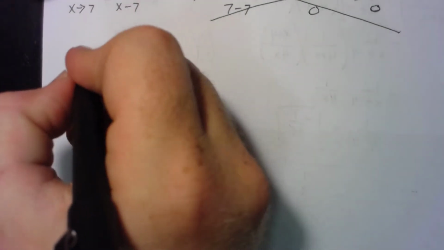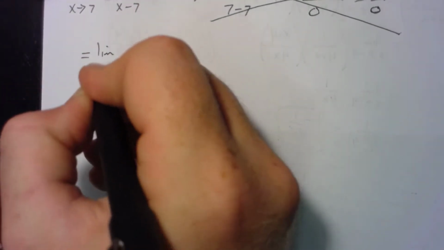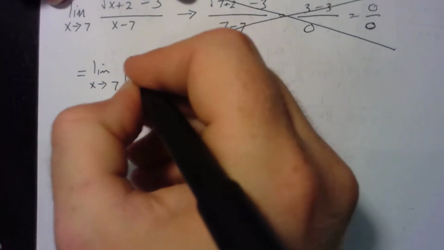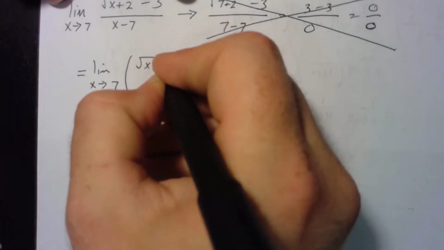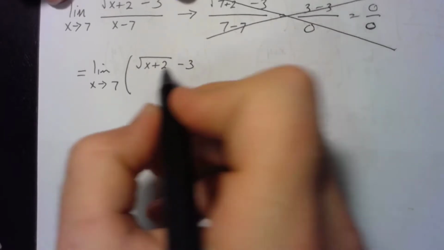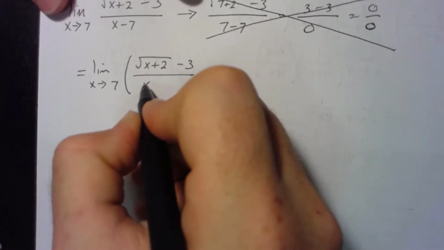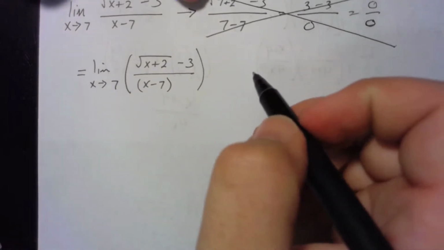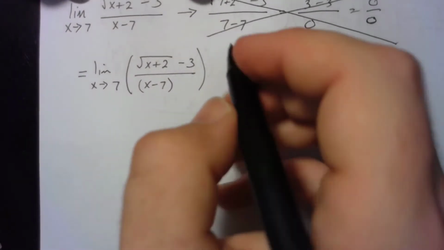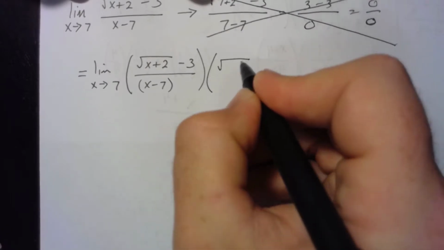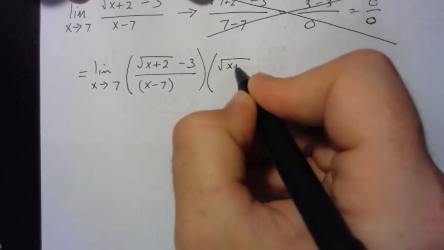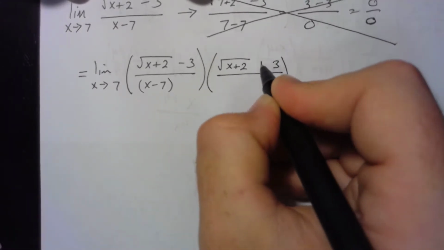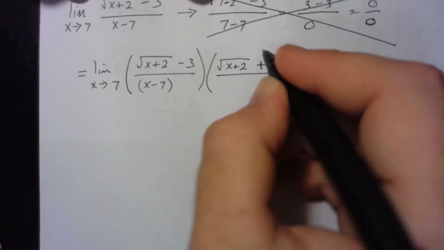So that means I'm going to have to evaluate this limit with another method before I can plug in that 7. Knowing that there's an x plus 2 inside of a square root minus 3, and that x minus 7 is causing me a problem, tells me I'm going to have to use a method called conjugation, or simply multiplying the top and the bottom by the exact same radical, the exact same number, but this time it's going to have a plus sign between the two values instead of a minus sign.